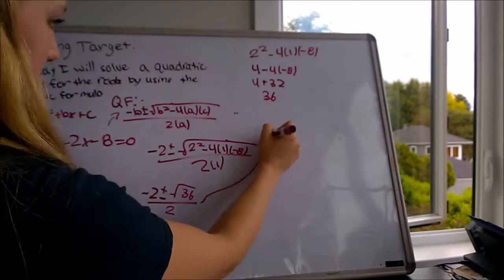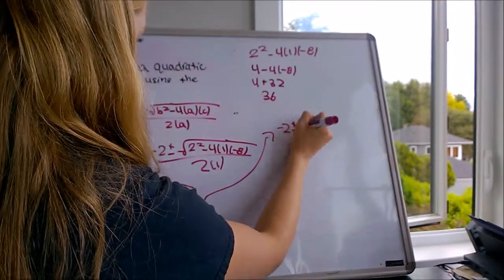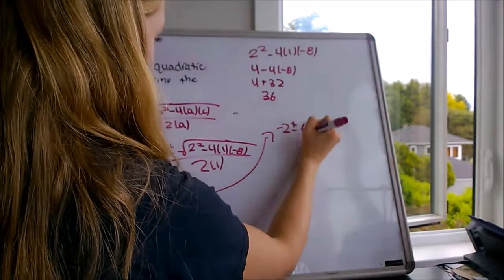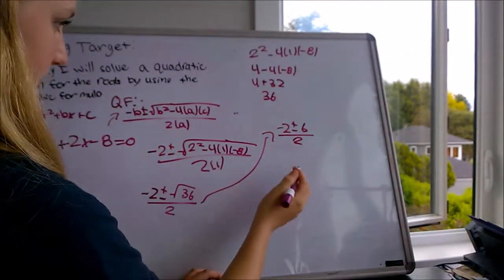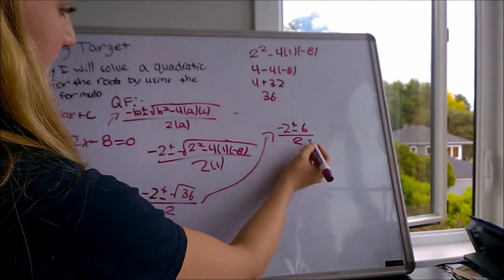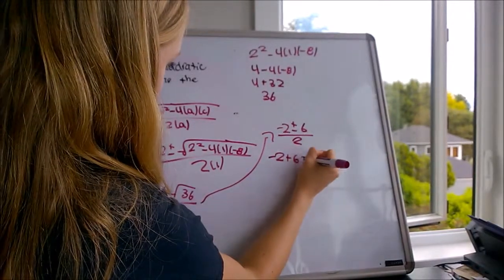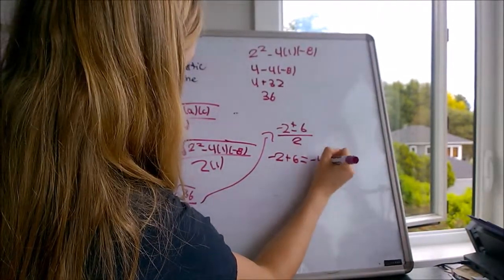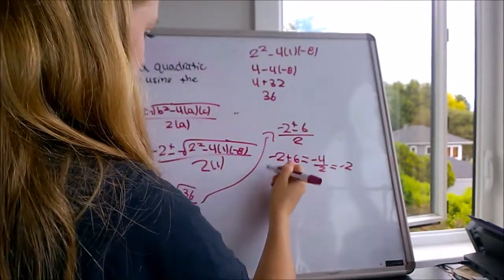Now we can simplify it further. So negative 2 plus or minus the square root of 36, which is 6, over 2. Now what we have to do again is simplify it more, since there are two answers, because it can be negative or positive. So negative 2 plus 6 equals negative 4 divided by 2 equals negative 2.